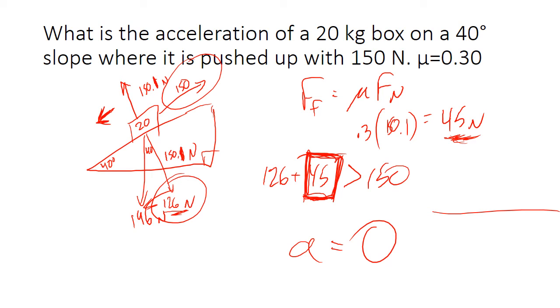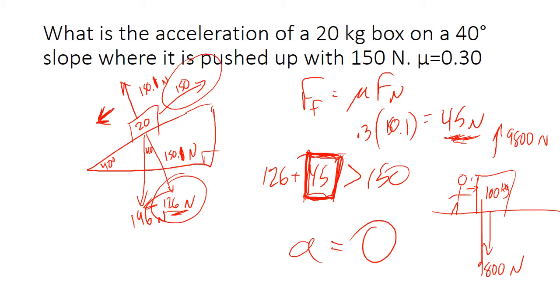Alright? Give you an example here. Here's a box that weighs 100 kilograms, which means it weighs 9,800 newtons, which means the normal force is 9,800 newtons. Now if I push it this way with a force of 1 newton, and let's say mu is equal to 0.1 to make it easy for ourselves, the maximum force of friction is going to equal 980.